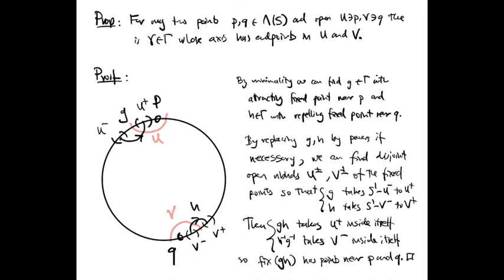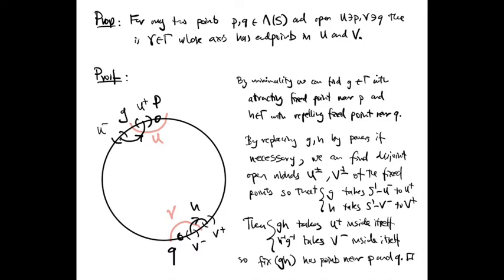By replacing G and H by powers if necessary, we can find disjoint open neighborhoods of their fixed points with the following property. Let's call the neighborhoods of the fixed points of G U plus and minus, and let's call the neighborhoods of the fixed point of H V plus or minus.